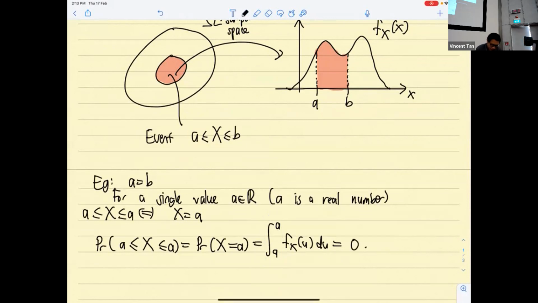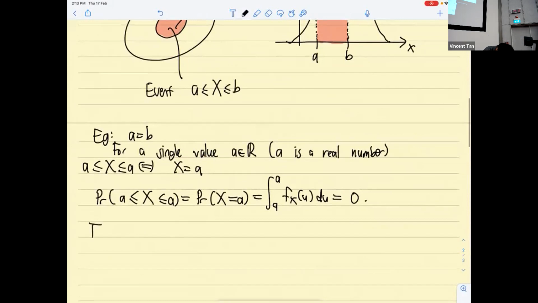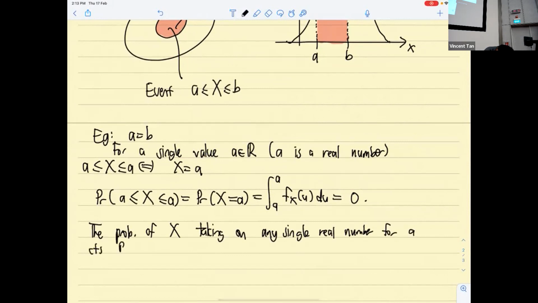So the point of the matter here is that the probability of X taking on any single real number for a continuous random variable X is 0.